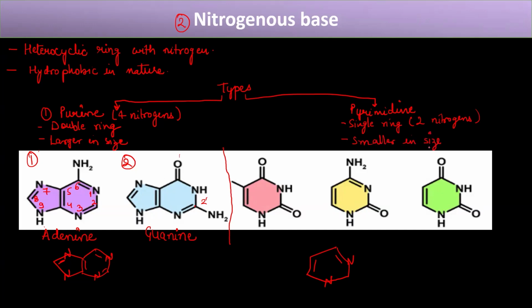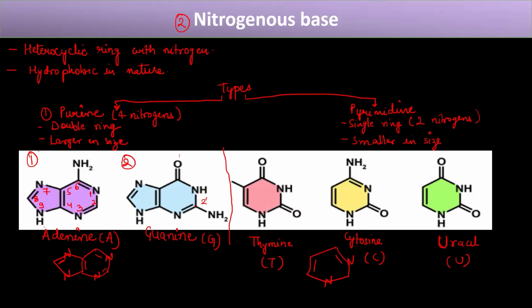Now, the pyrimidine is of three types. The first pyrimidine that we are looking at is thymine. The second is cytosine, and the third is uracil. So this is U. Also, adenine is represented by A, guanine by G, thymine by T, cytosine by C, and uracil by U. So we have nitrogenous bases of two types.